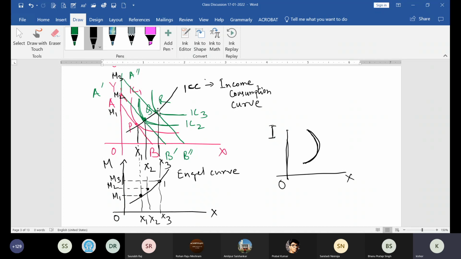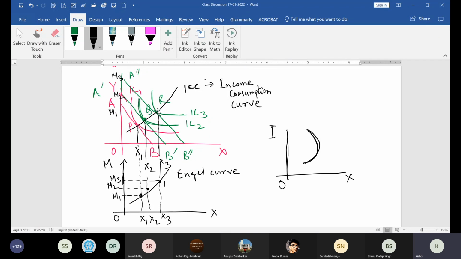Behind the scene it is there, but you pick up only the quantity of a particular commodity you are purchasing at different levels of your income. While purchasing that commodity, you do not ignore all other commodities in your consumption basket; that is not what happens. Human brain is like that. Might be in a fraction of a second you are taking a judgment based on your own requirement, and while making that decision, the other commodities are also in your mind.